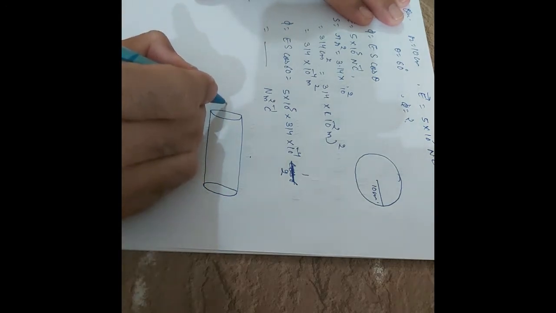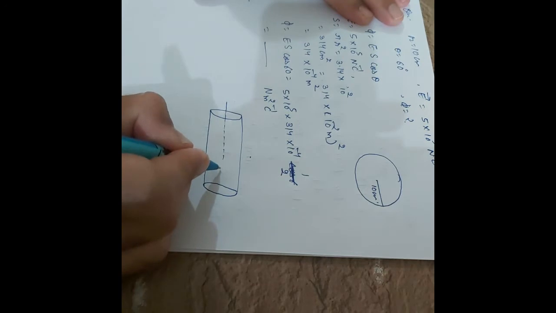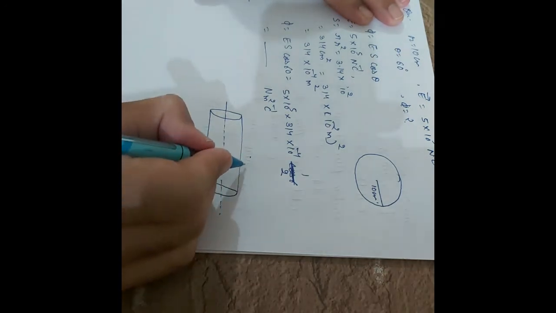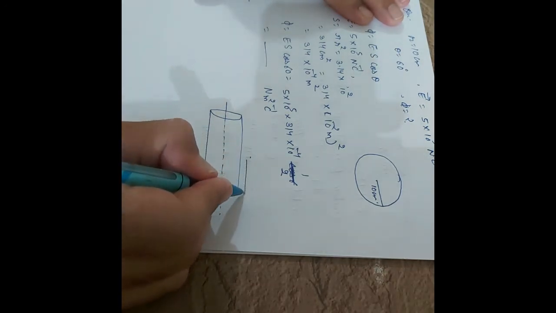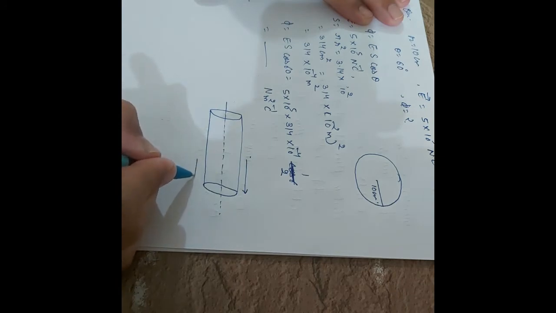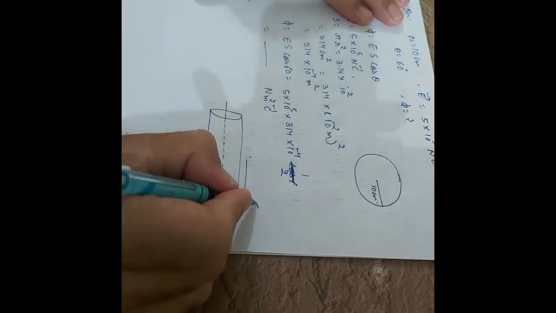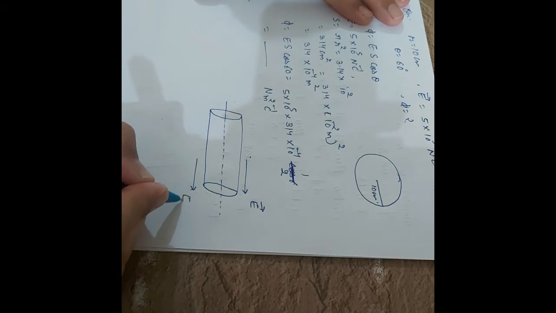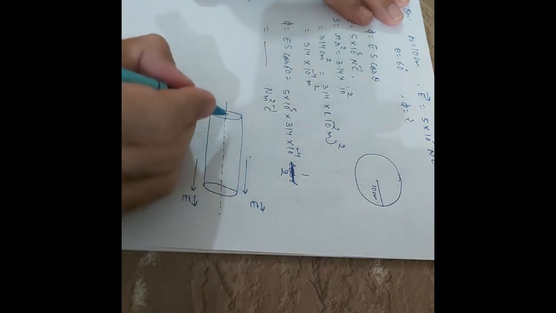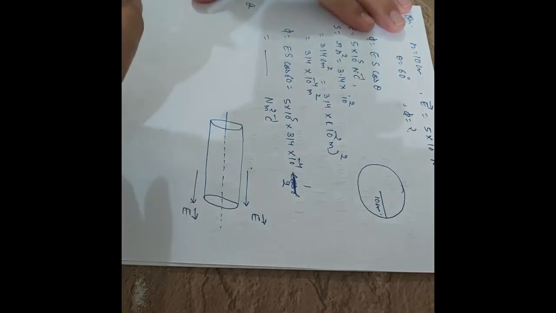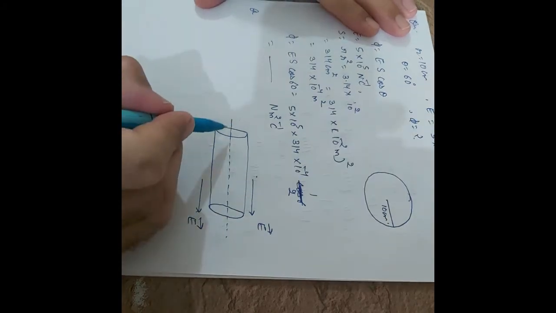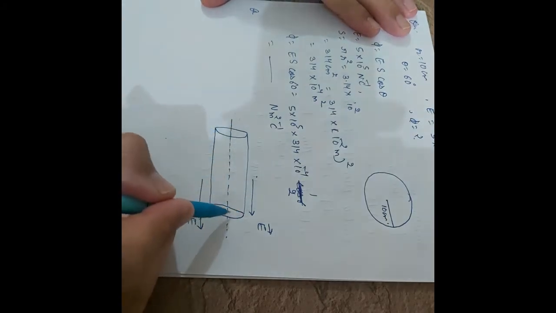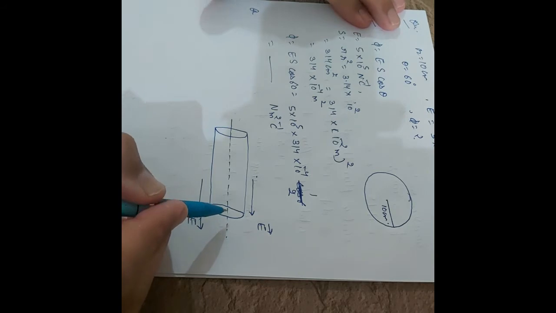This dotted line is the axis of the cylinder. The direction of the electric field is also in this direction. This electric field is a uniform electric field. My target is to find the electric flux through this cylinder.